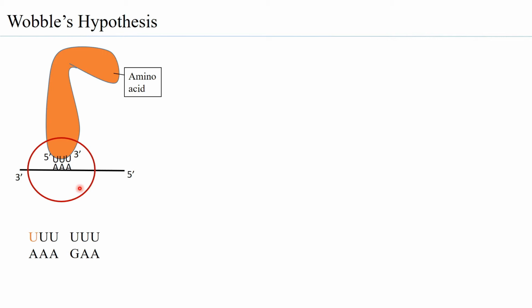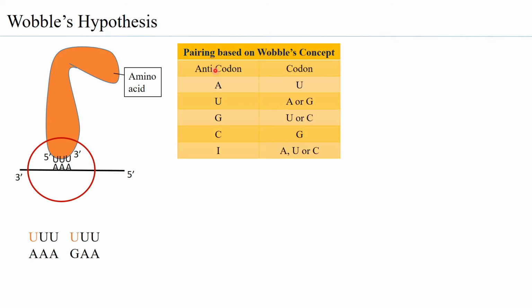So this is something that is very important and has been understood by understanding the Wobble's concept. So based on the Wobble's concept, therefore, the pairing is such. Well, when you have in the 5' end nucleotide, always understand it is the 5' end nucleotide of the anticodon.